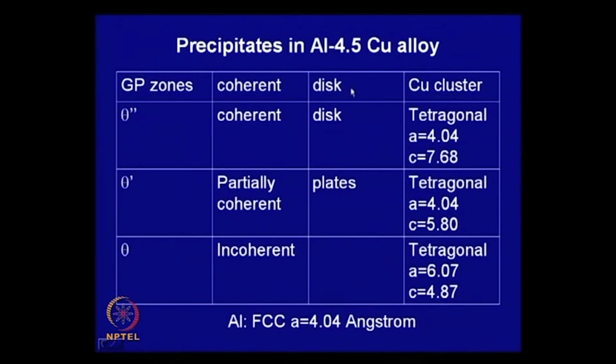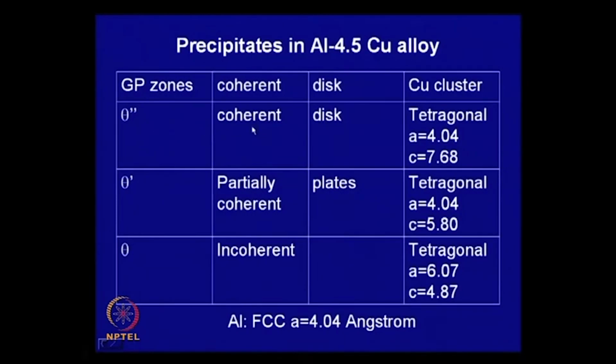So, why is it? Because in one direction only the lattice parameters will be matching, in one plane only. So, if it tries to grow perpendicular to the plane, it loses coherency. Therefore, it will be restricted, and the shape will in most cases be disc or thin plates.